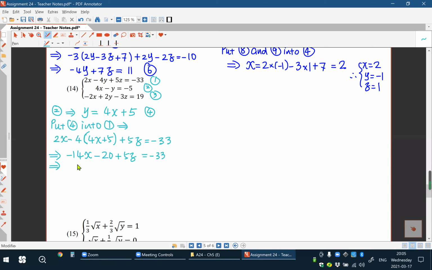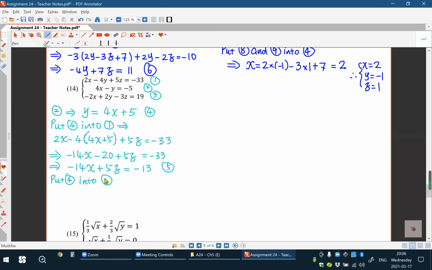Further simplified to minus 14x plus 5z equals minus 13. Let's label this with 5.